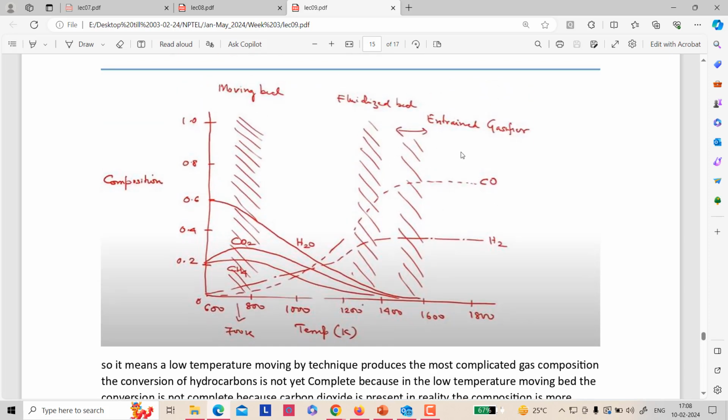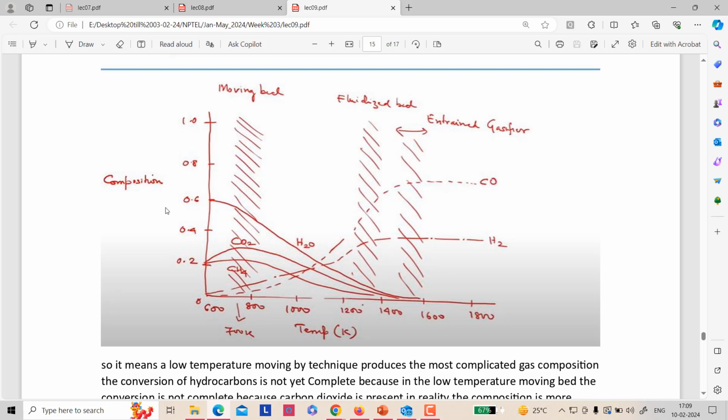So here you can see that in the entrained flow gasifier, the composition of CO is around 0.7, whereas hydrogen is produced at around 0.4. So carbon monoxide is present in a higher amount than hydrogen.